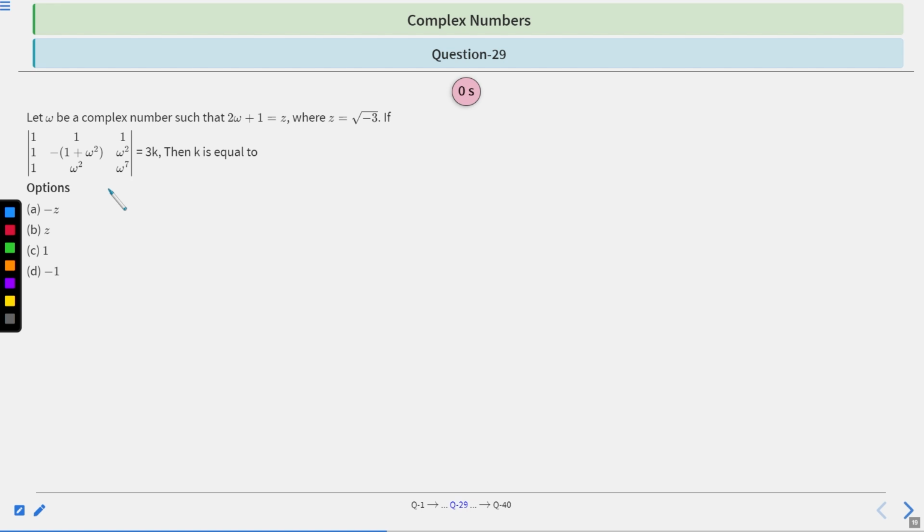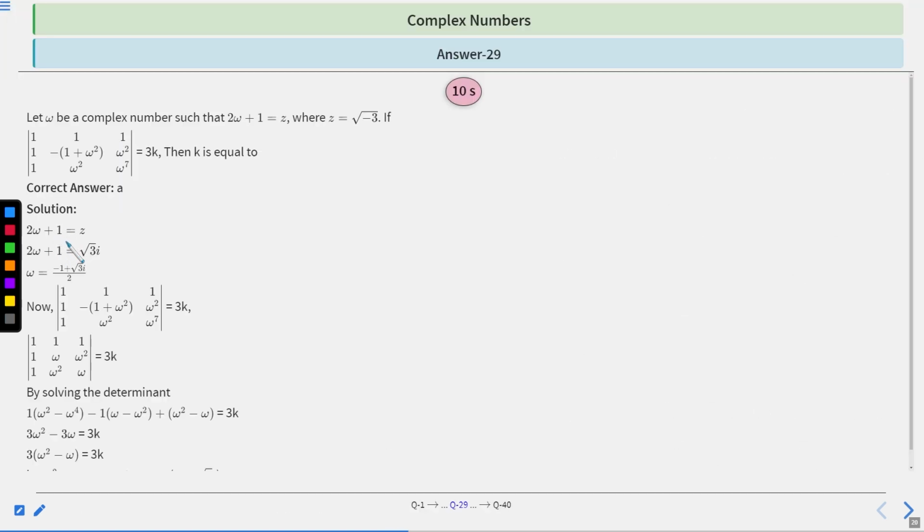Okay, let's discuss the solution. It is given that 2 omega plus 1 is equal to z. So omega can be calculated as minus 1 plus root 3 iota by 2. Now, the determinant of this term is 3k. We know that minus of 1 plus omega square is basically omega, because 1 plus omega plus omega square is 0.